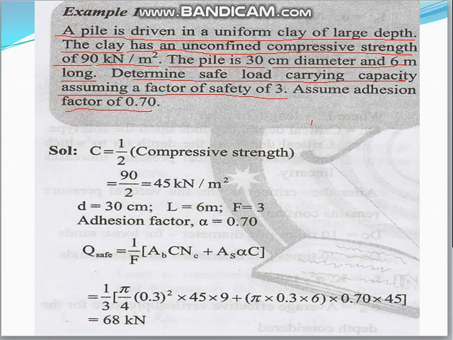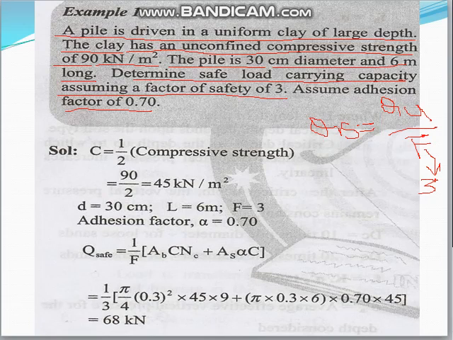See here we need to calculate the safe load. We know that safe load is nothing but the ultimate load carrying capacity of a pile divided by the factor of safety. Here in the problem it is already mentioned that the factor of safety is 3.